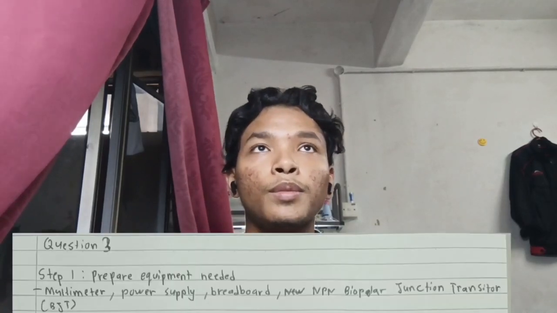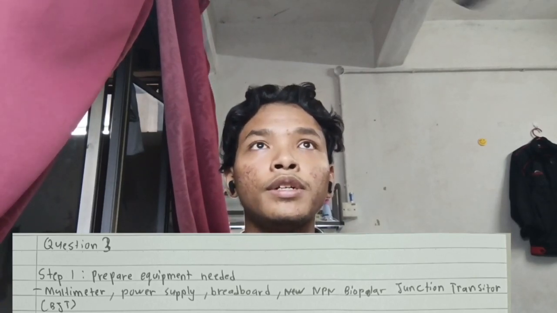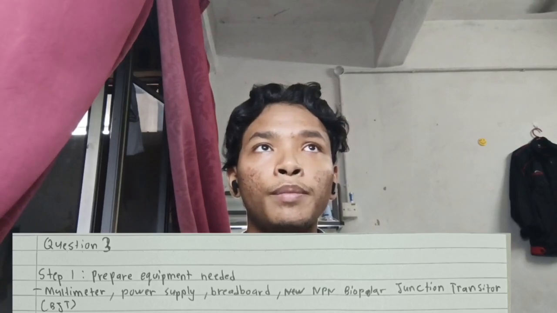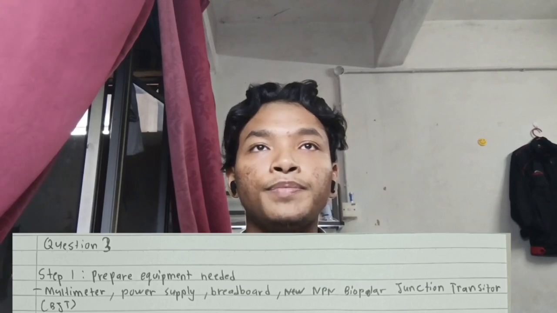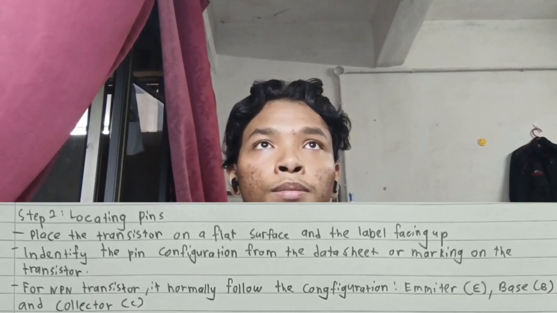Answer to question number 3. Step 1: Prepare the equipment needed: multimeter, power supply, breadboard, NPN bipolar junction transistor, BJT. Step 2: Locating pins.